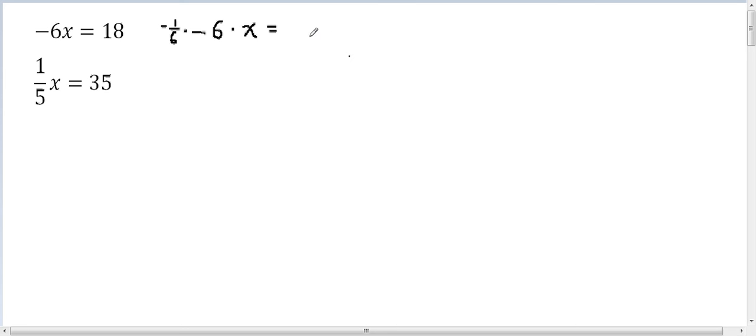Then we multiply the other side of the equation by the same number as well. Since minus 1/6 and minus 6 are multiplicative inverses of each other, when we multiply them together, we get 1, the multiplicative identity.